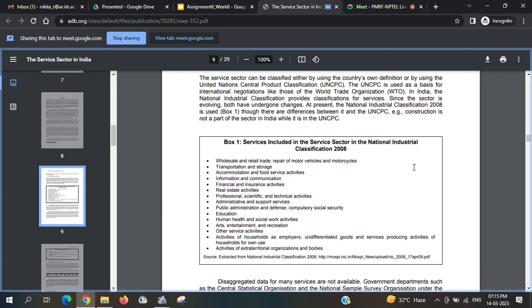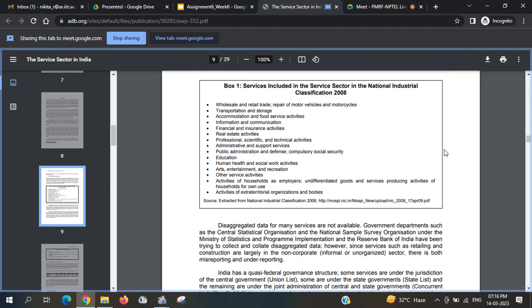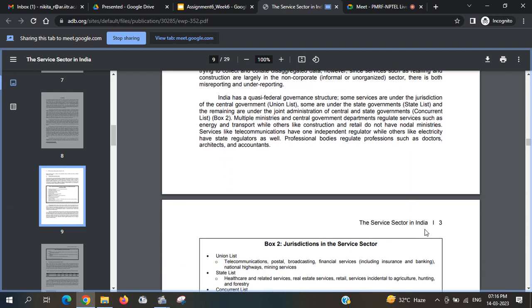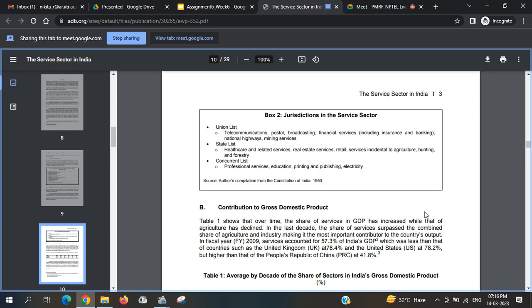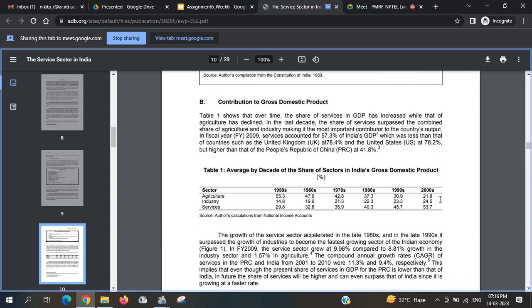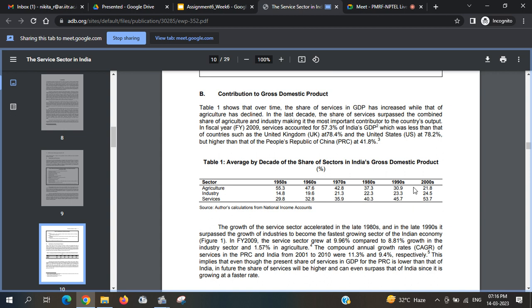So the service sector and national industrial reclassification of 2008, as we saw in our timeline as well. So this shows you a little bit about the jurisdiction in the service sector, then how the contribution to the GDP from different sectors has evolved over time.